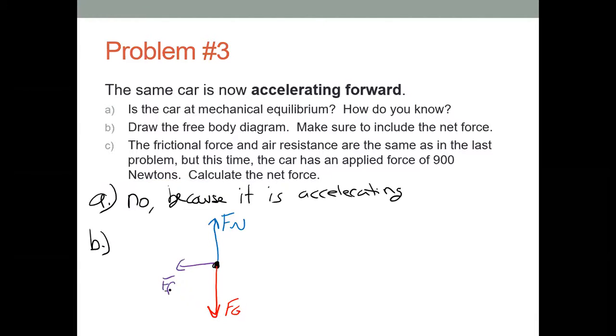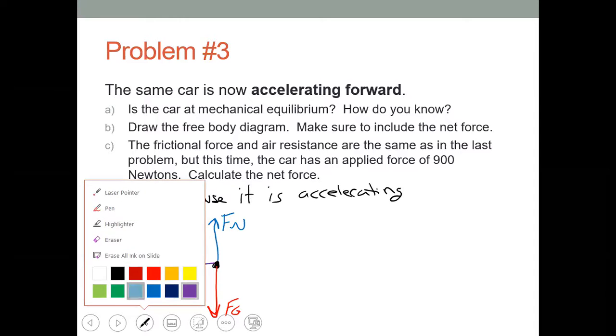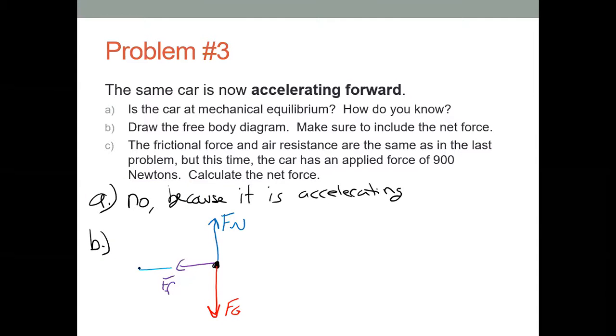I still have my friction. I still have my drag, same as before. But the difference is, yes, Nate, the applied force has to be bigger because I've got to accelerate, right?